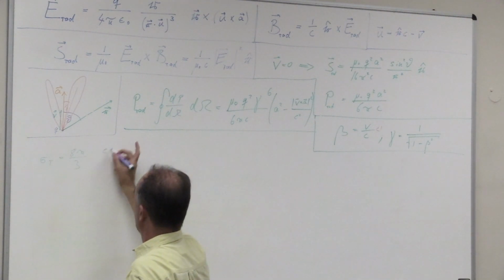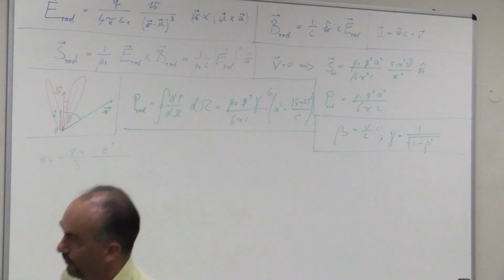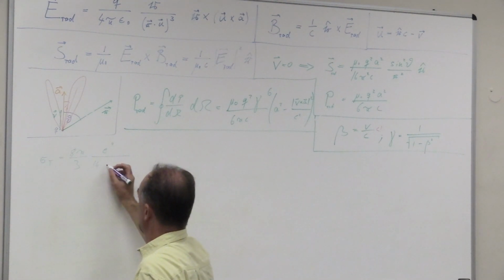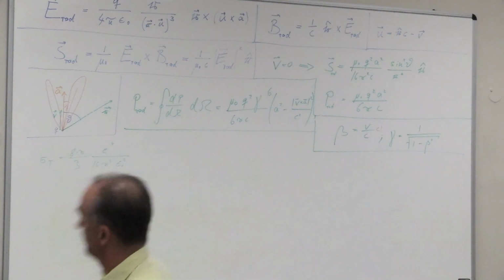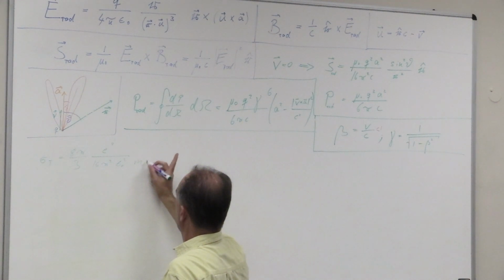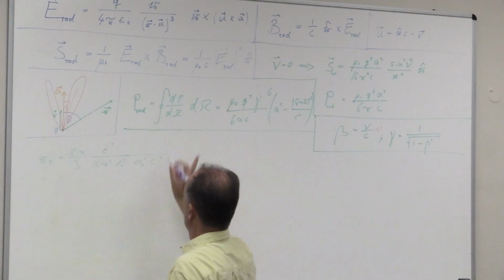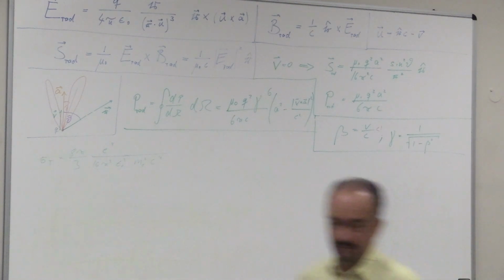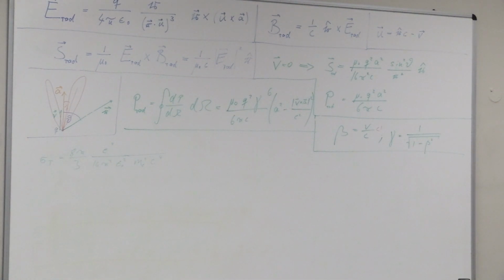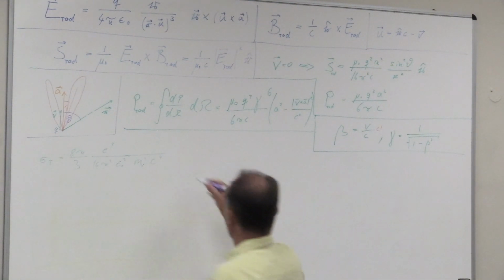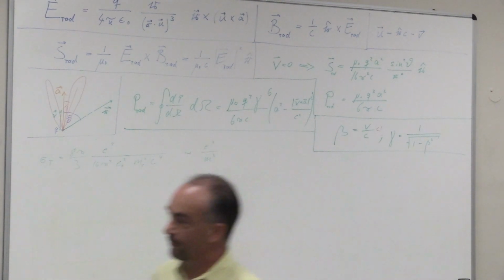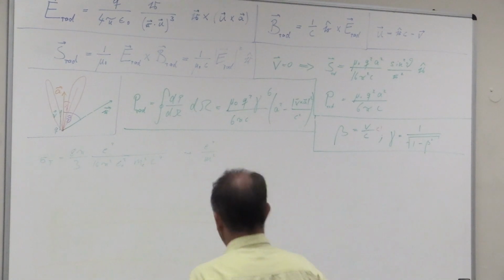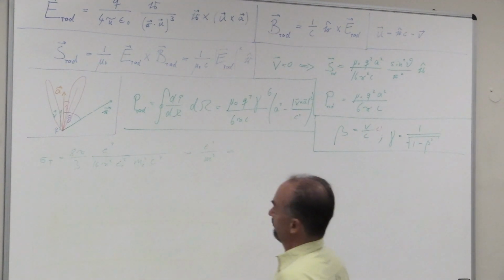Here, that is e to the 4th over 16 pi squared epsilon naught squared m squared c to the 4th. That we will now use to put in here. Let's see, so we have e to the 4th over m squared, that's a factor that we have in there. Let's just plug that in.